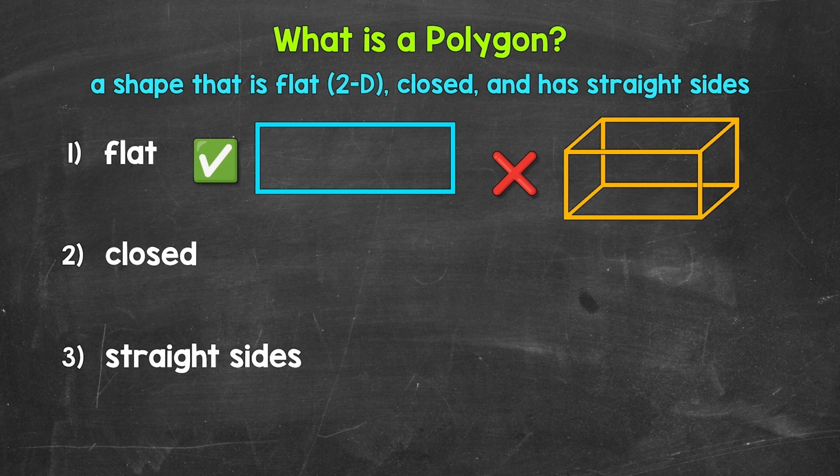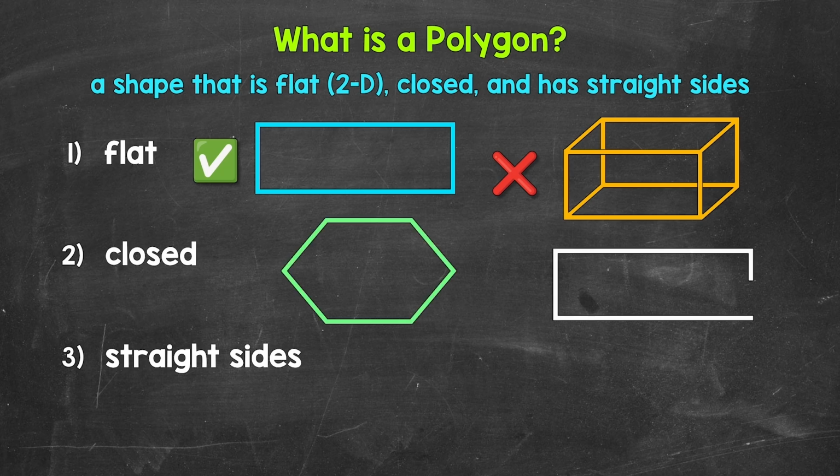And we will take a look at two more shapes. Let's start with the hexagon on the left. A polygon with 6 sides is called a hexagon. And notice how the hexagon is closed. There aren't any gaps, openings, or breaks in the shape. So yes, the hexagon is closed. It follows that rule.